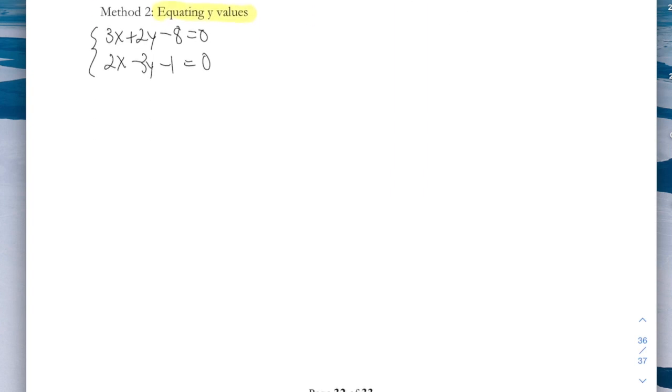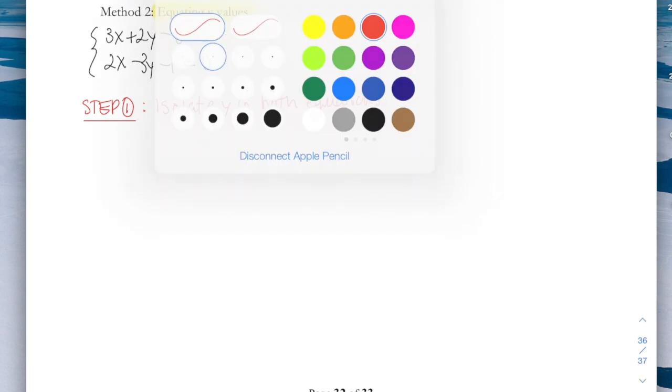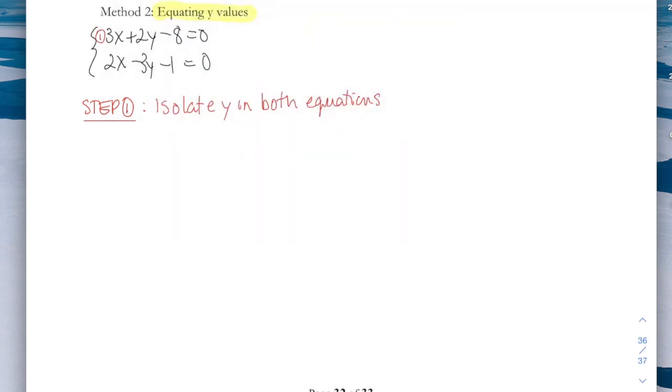What we're going to do, the first thing we have to do, is isolate y in both equations. And actually, we've already done it above, but we're going to do it again.